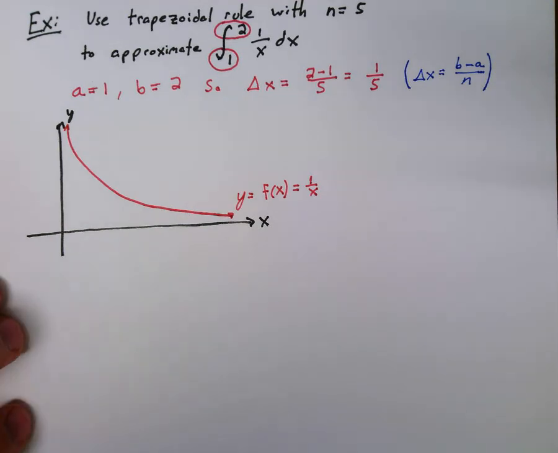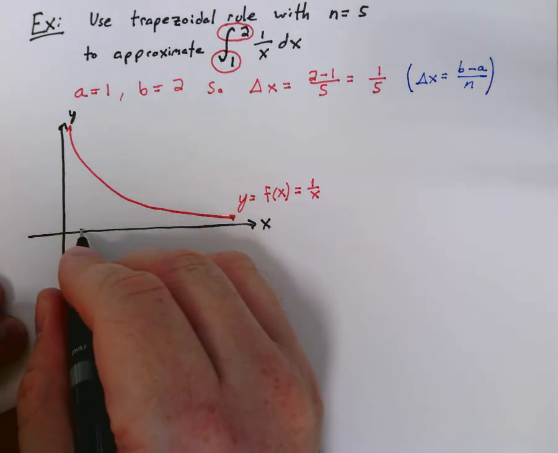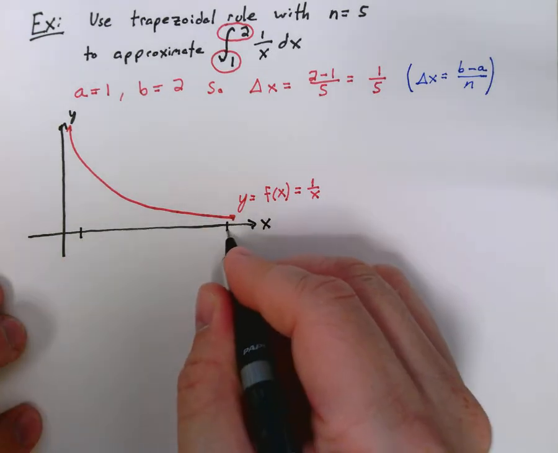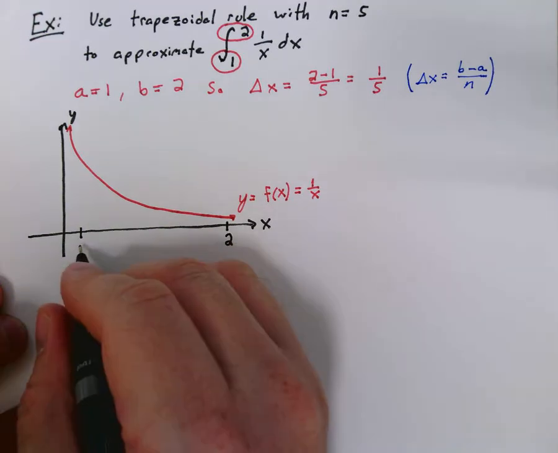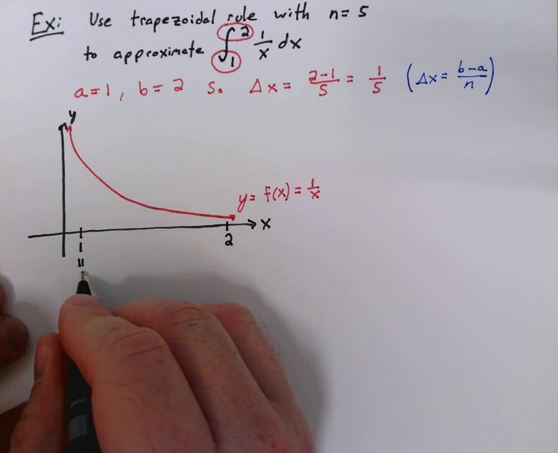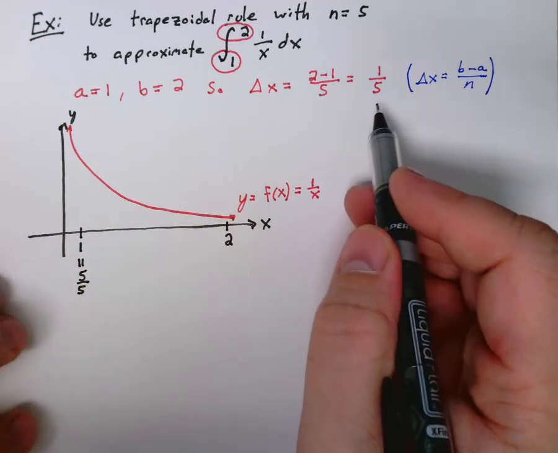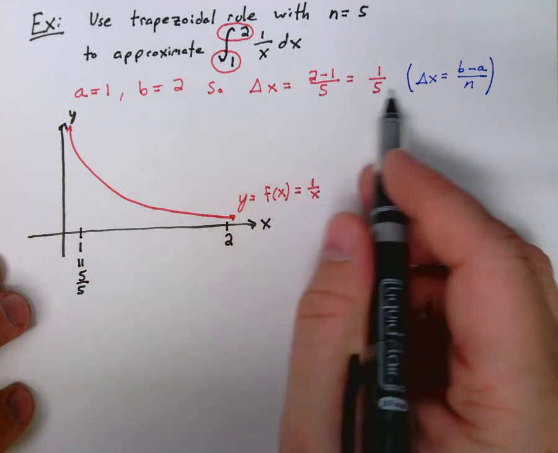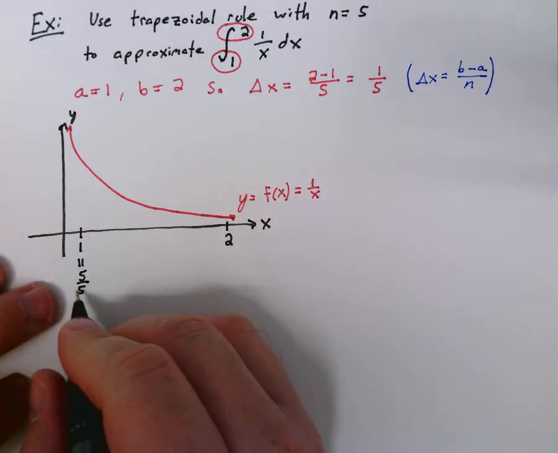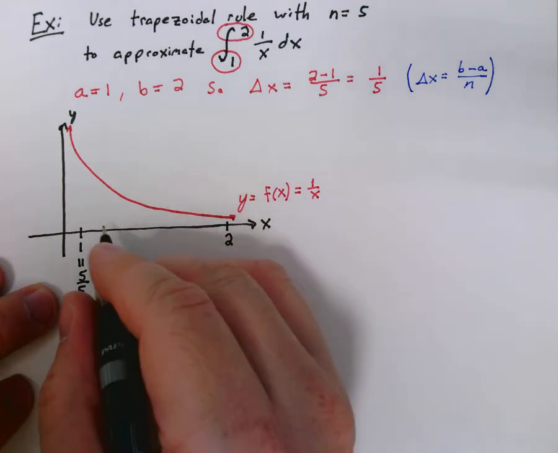Okay, now, because I'm dealing with fractions here, I'm going to call this little guy 1, and I'm going to go all the way to 2. Now for 1, I'm going to write this as 5 over 5. Why? Because the base, or the width, is 1/5. So that means the next one is going to be 6 over 5, because I'm adding delta x.